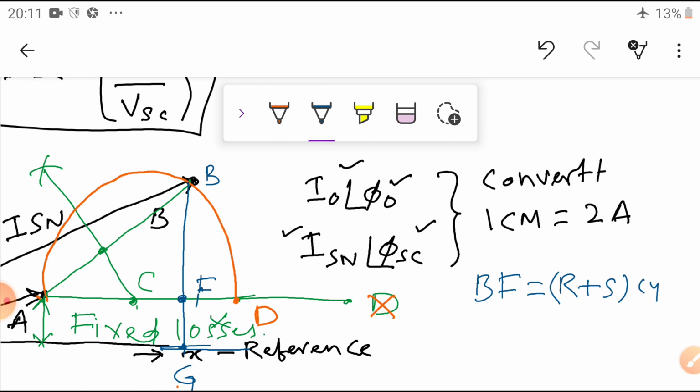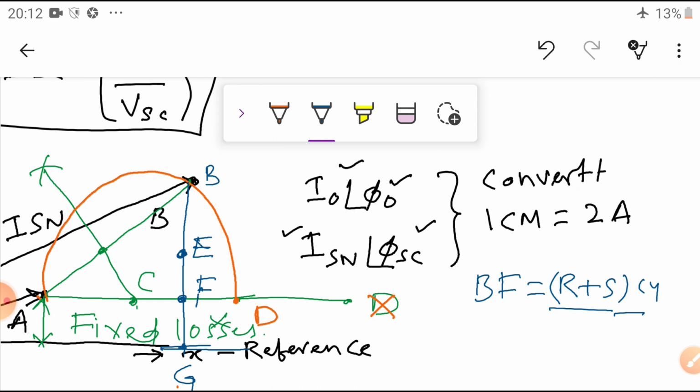I want to separate these two losses, the stator copper loss and the rotor copper loss. For that purpose I require one point in between BF, which I can call E.